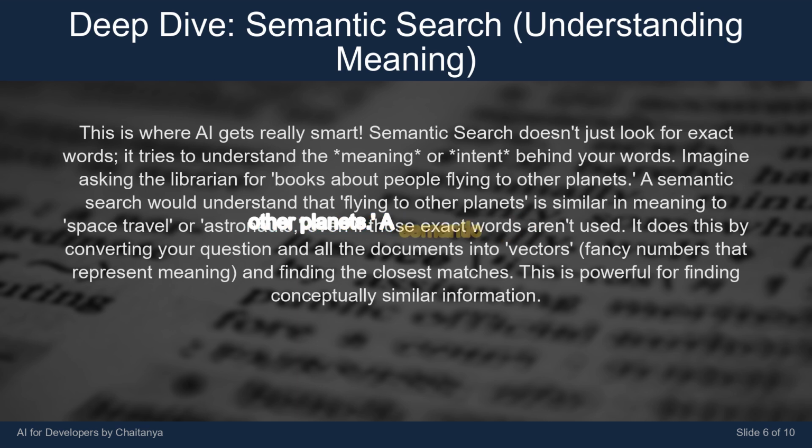A semantic search would understand that flying to other planets is similar in meaning to space travel or astronauts, even if those exact words aren't used. It does this by converting your question and all the documents into vectors, fancy numbers that represent meaning, and finding the closest matches. This is powerful for finding conceptually similar information.